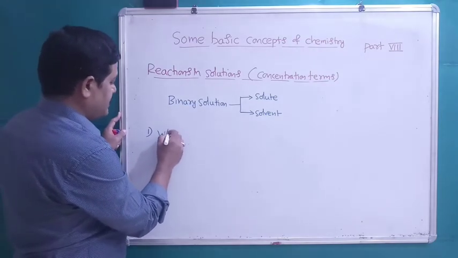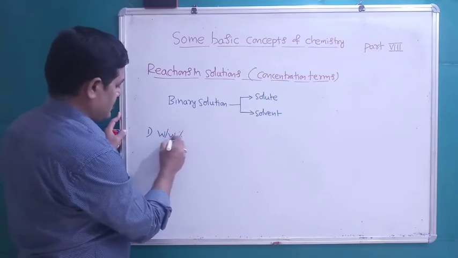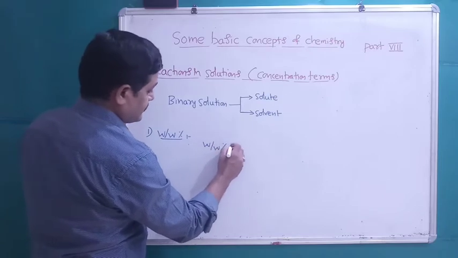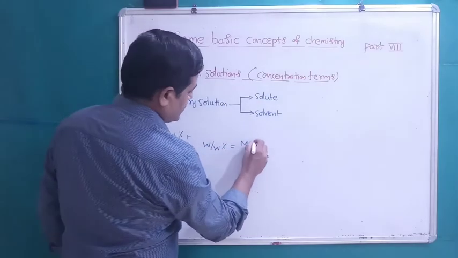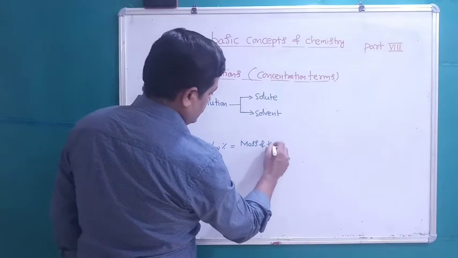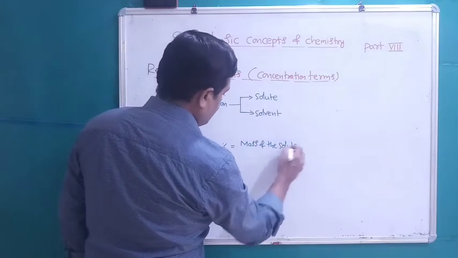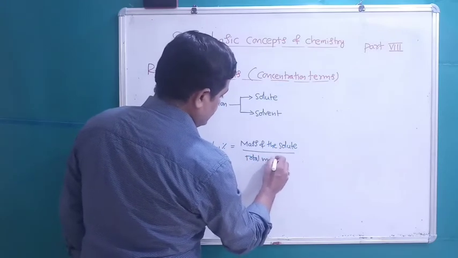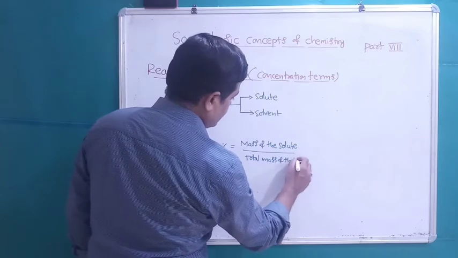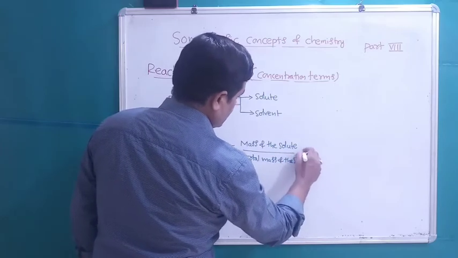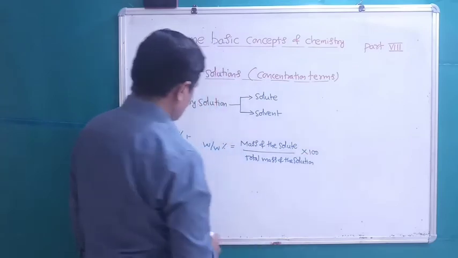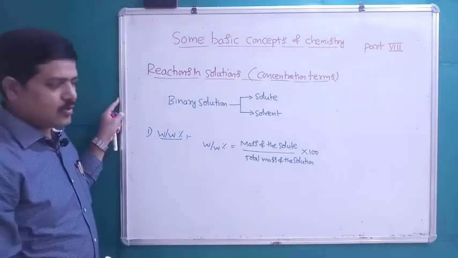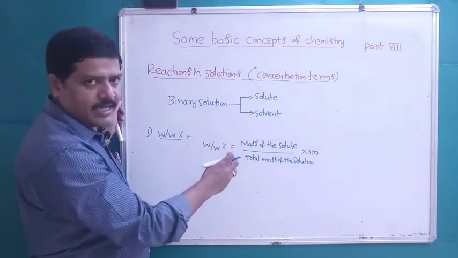First let us start with the weight by weight percentage. Weight by weight percentage is the mass of the solute divided by the total mass of the solution, multiplied by 100.